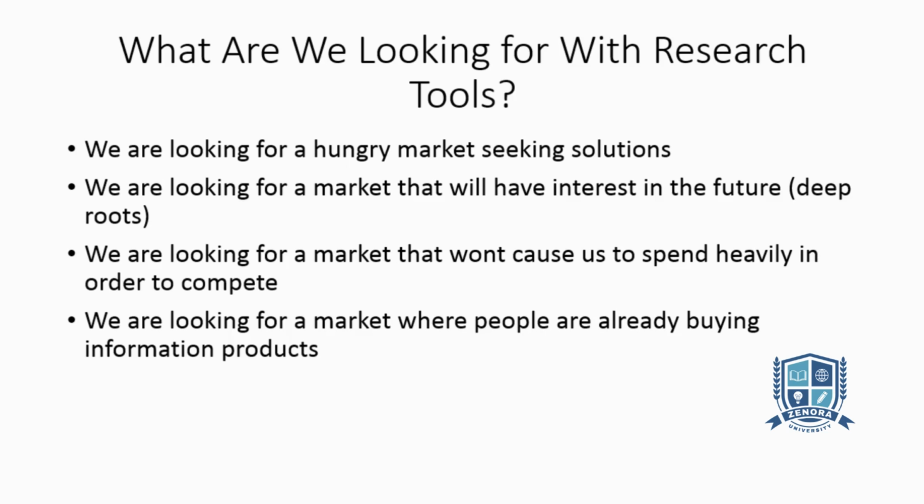So we should be looking for markets where we can tell that people are already pulling out their credit card, making purchases of information products. Those are going to be markets where we can get in there and either do a better job or do a more thorough job in reaching the customer.